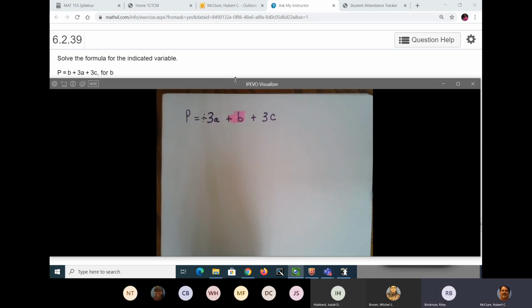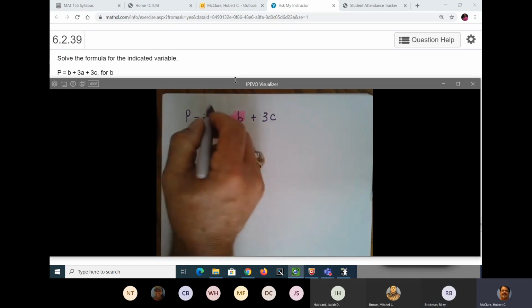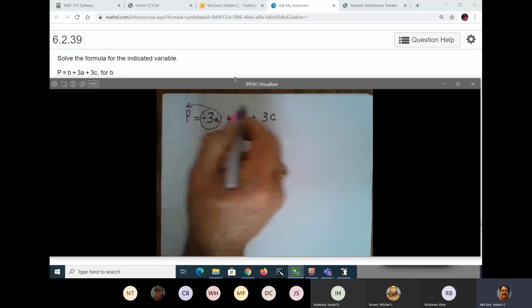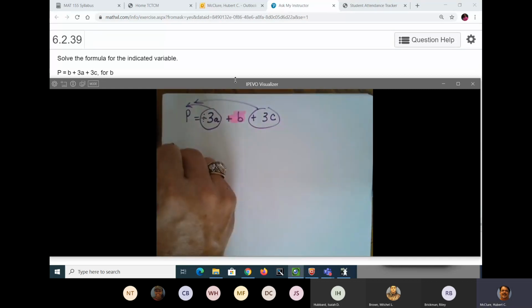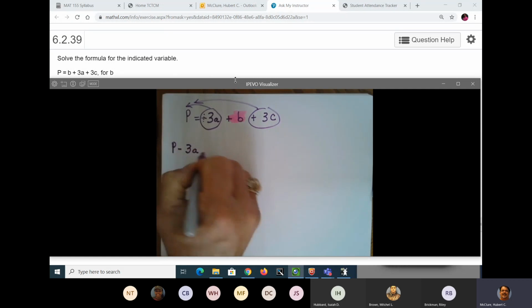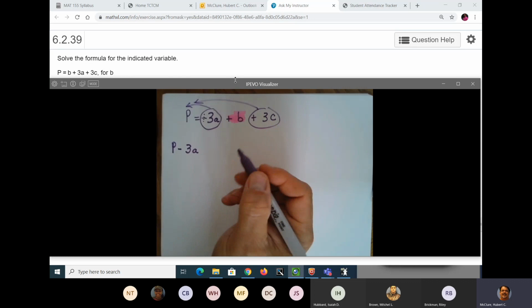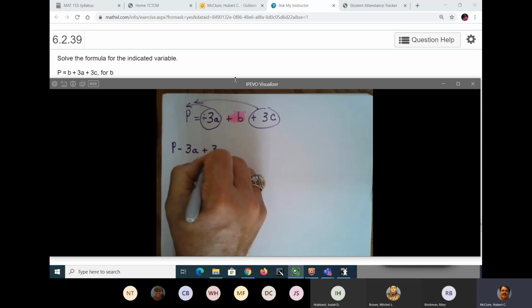Okay, subtracting it. Thank you, Mr. Brickman. So I'm going to take this one across the river, and I'm going to take this one across the river. And that becomes P minus 3A plus 3C.